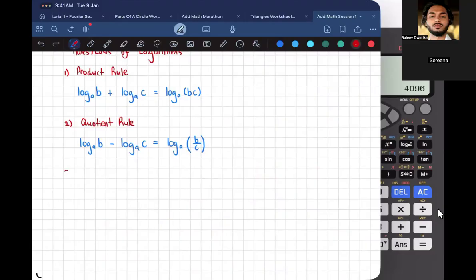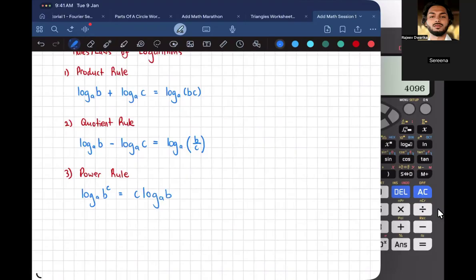The third rule we're going to look at is called the power rule. So imagine if you had something like log base A of B to the power C. I could write that as C times log base A of B. And you might probably be confused, but I'm gonna show you why this is not confusing at all.